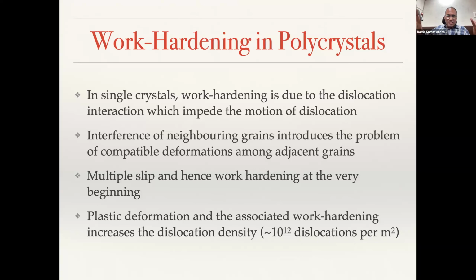It is possible that there are slip systems oriented in a favorable direction, meaning cos phi cos lambda being the same for various grains. That means you can have parallel yielding initiating in more than one grain in a polycrystalline material.